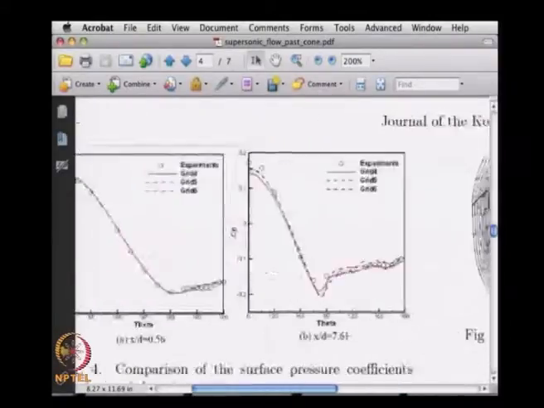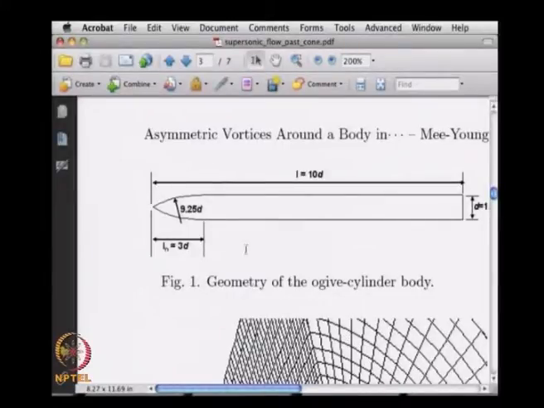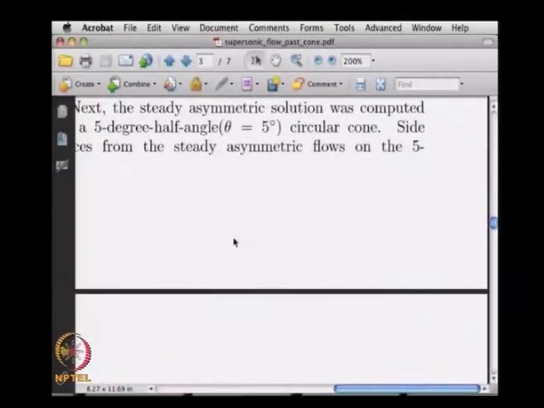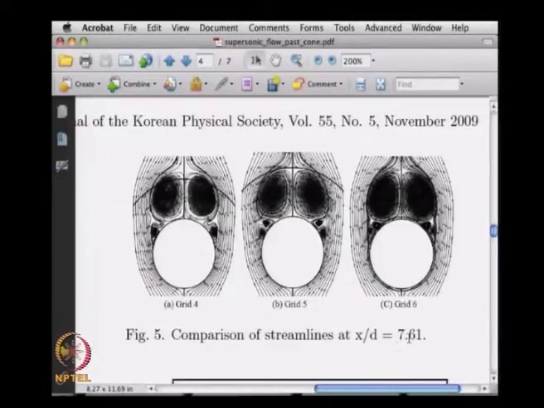Let us go back to the first diagram here. If you consider x along the length of the cylinder, then at some position x, if x by d is equal to 7.61, that means x is equal to 7.61 times d, the diameter.